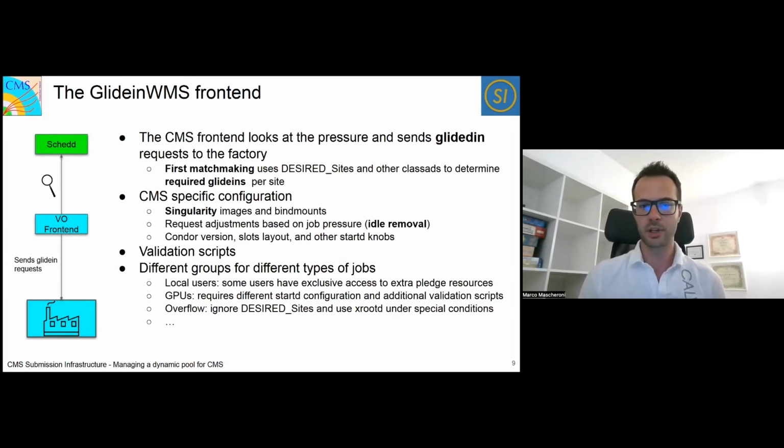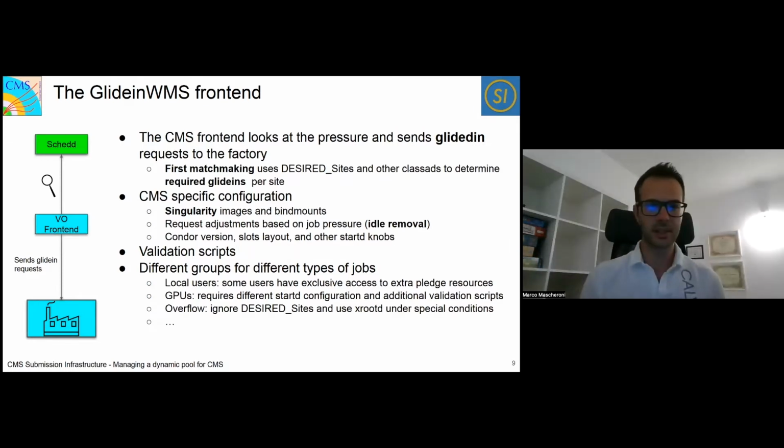We also configure Condor in general, the Condor version we want to run on the pilots, the slots layout, and other Condor knobs. Validation scripts to run on the worker node are configured here also.